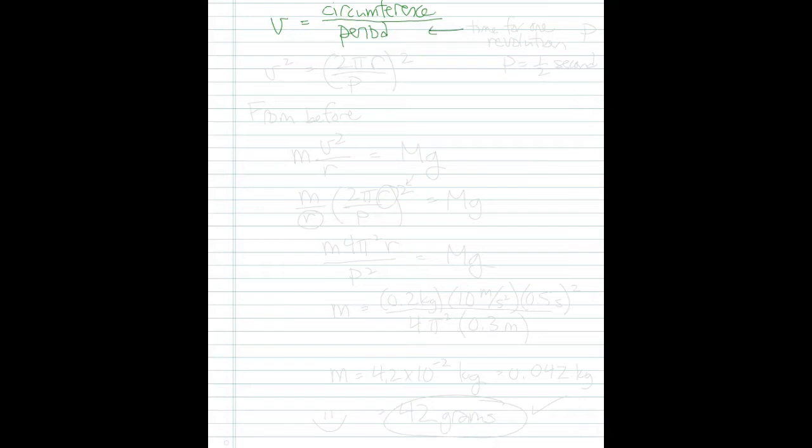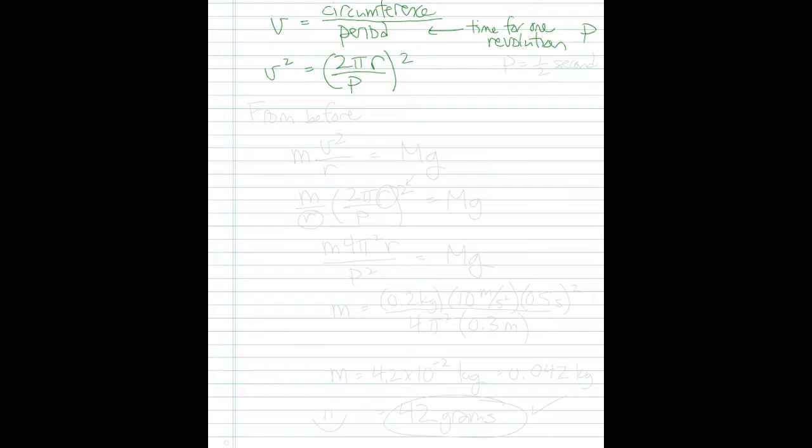And this word is the time for one revolution. So sometimes we write the period as p, and if I do that, this is 2 pi r all over p. And so v squared is simply this thing squared.